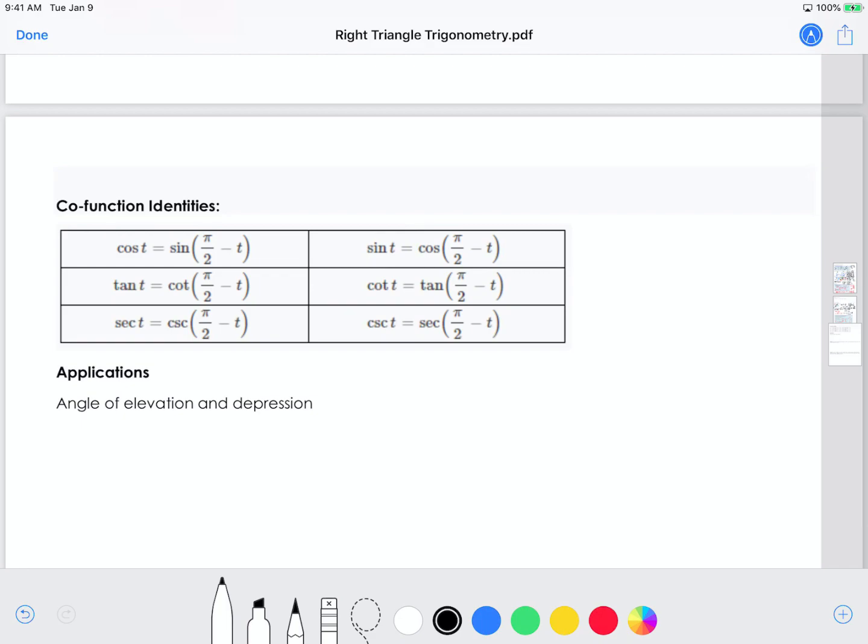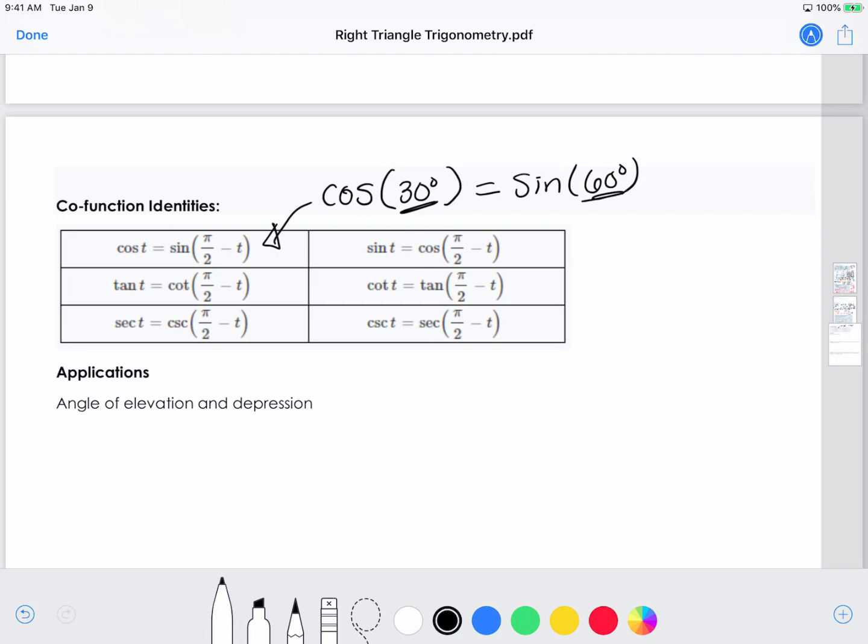So what this is telling us, with all those fancy words, what it comes down to is this right here, for example, tells us that the cosine of, say, 30 degrees will be exactly the same as the sine of 60 degrees because 30 and 60 add to 90.